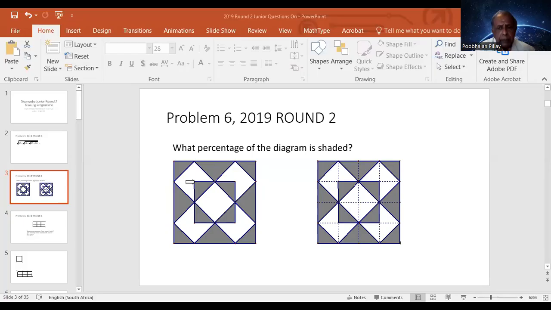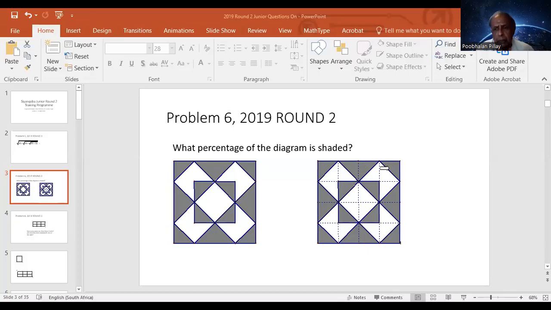And then you'll have to know how many triangles there would be altogether. An easy way of doing this is to draw these dotted lines as you see here. And that separates these triangles very nicely. But what's interesting is that in each of these squares, the shaded part takes half of it.